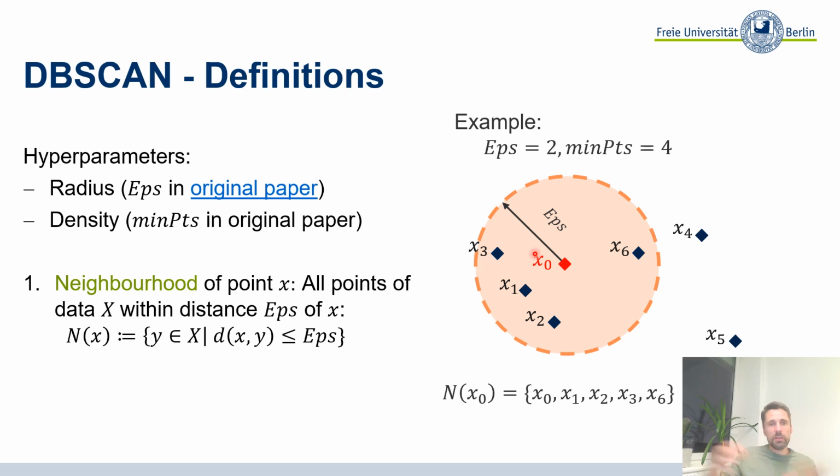Some may be sparser, some may be denser, and that may be relevant for the clustering process. So this is a parameter that we can tune to see how this ends up in different clusters. So with the neighborhood function, we get a number, or we get a set of samples.